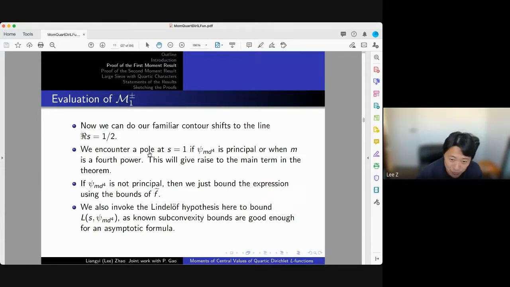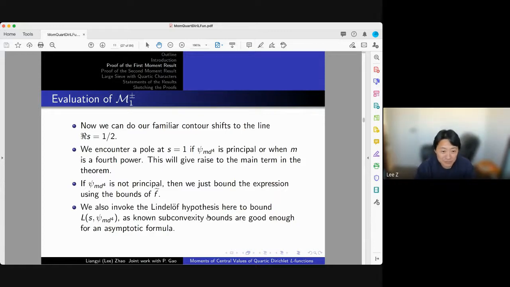Then we'll end up with the error term that we have in the theorem. Clearly we still call it the Lindelof hypothesis, so in other words, it's still open. We don't know the full result of the Lindelof hypothesis, but we do know some partial results. Those are called subconvexity bounds.